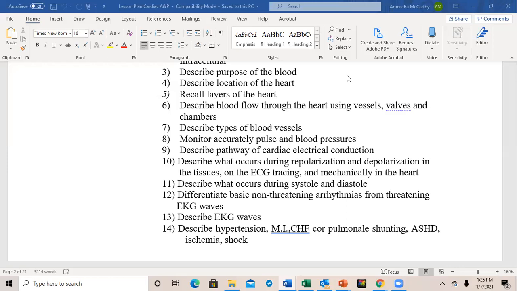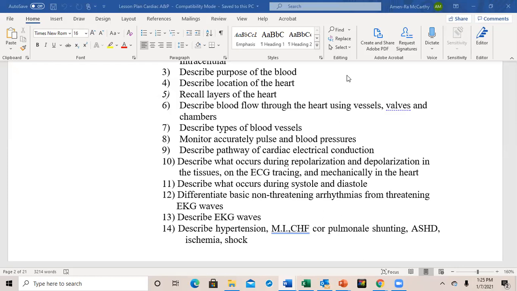All right, and then describe some different diseases like hypertension, which is high blood pressure, right? When we talk about blood pressure, we don't say his blood pressure is high. We say he has hypertension or hypotension. Remember, hyper is high or above, and hypo is lower than normal value. MI is a myocardial infarction, which is a heart attack. CHF is congestive heart failure.